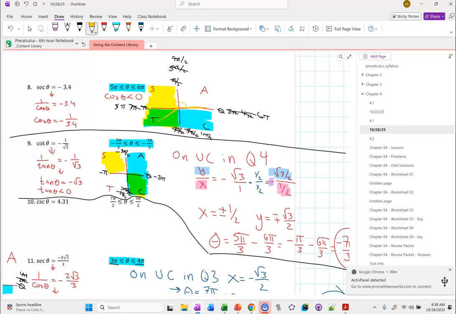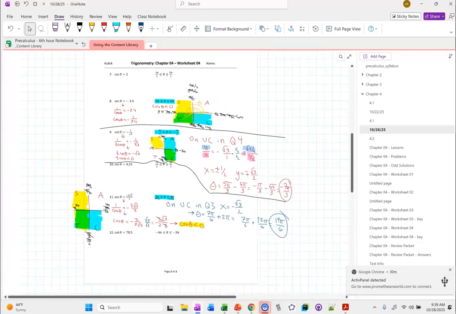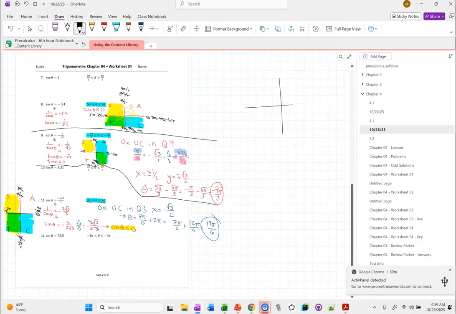And when I did that, I went around 2 times before I ran into my answer. So that's my theta. And then I'm going to use that picture that we had drawn and put in our notes, right?